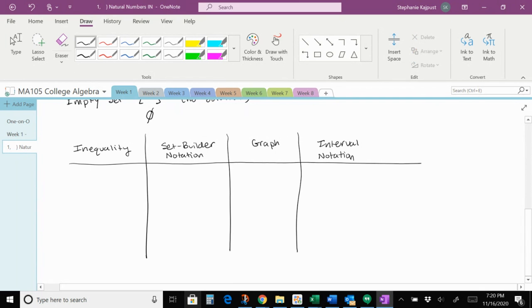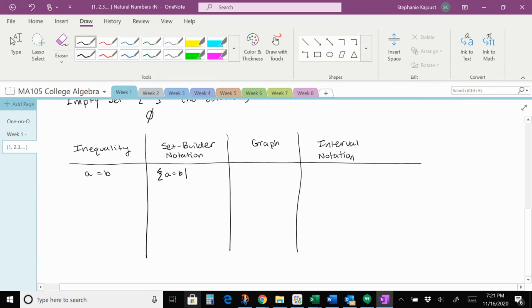I could start with an actual equality where you have two numbers equal to each other, and we'll indicate those by a and b, just to represent any number. So if you have two numbers and they're the exact same number, as set builder notation we would write x is equal to b, and then that vertical line.